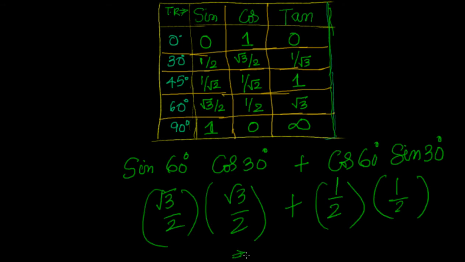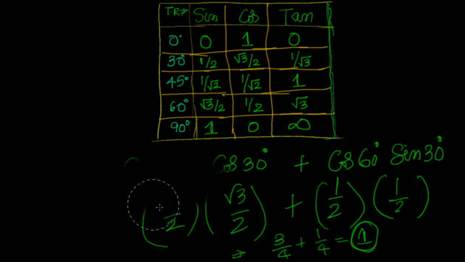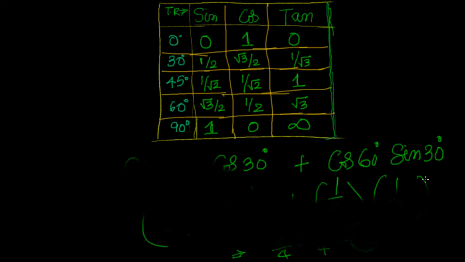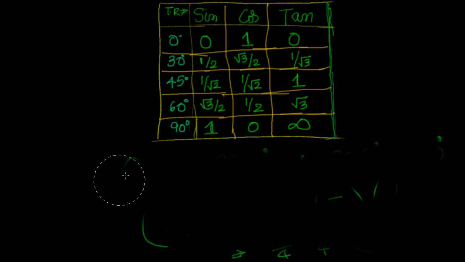Simplify this. Root 3 into root 3 is 3, so 3 by 4, plus 1 by 2 into 1 by 2, which is 1 by 4. Equal to 1. That's our first one. We should celebrate that. Now let's do one more. Yes, I know you want to do it. Let's do some interesting stuff. This is just the basics to get you the hang of what we are going to do.